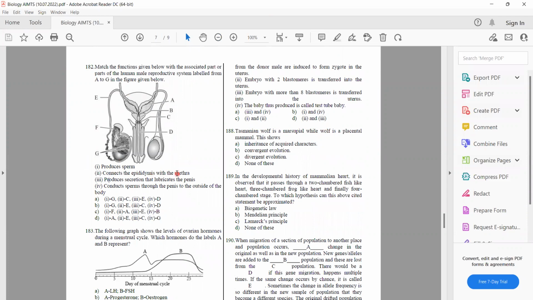Here this is the epididymis, and from the epididymis to the urethra will be E, the vas deferens. The one that produces a secretion that lubricates the penis is the bulbourethral gland. What conducts sperms through the penis to the outside of the body is the urinogenital duct, that is, the external genitalia, the penis.